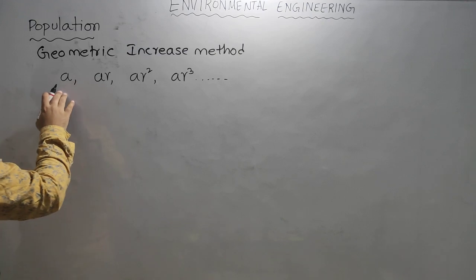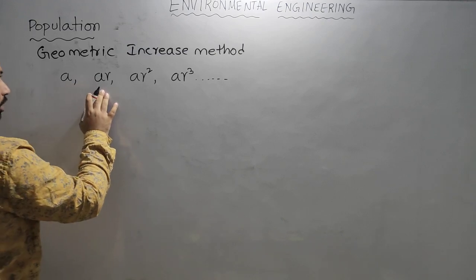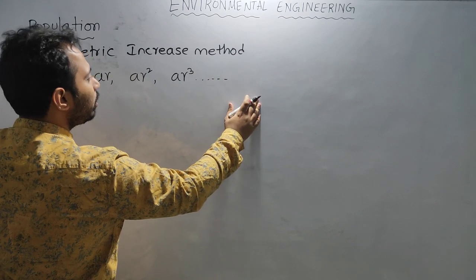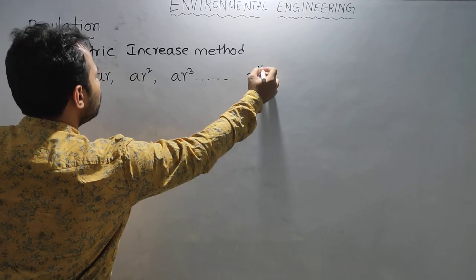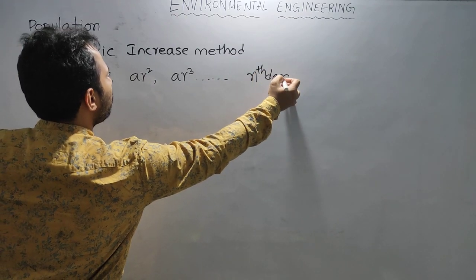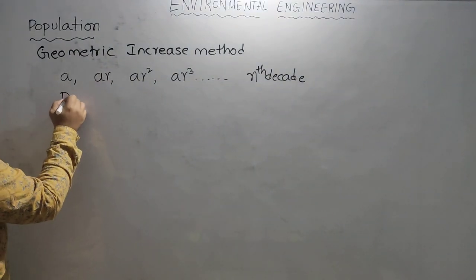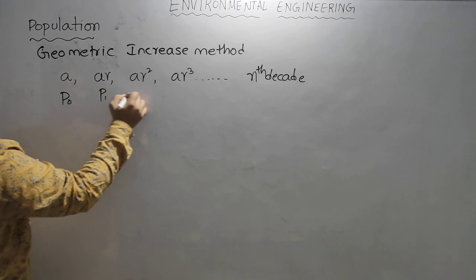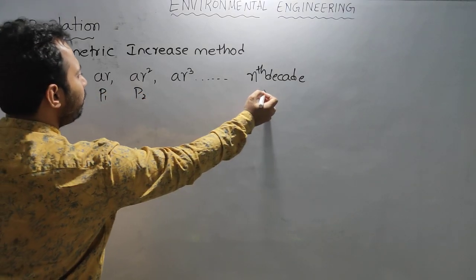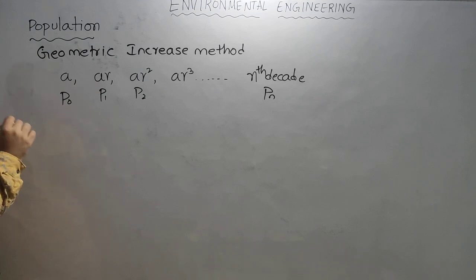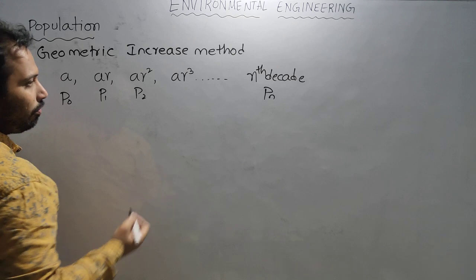Now for this pattern, this is the first year population, first decade, second decade, third decade, and you want the future population of the nth decade. If it is P naught, P1, P2 and so on, it will be Pn. So the nth term of this geometric progression, or geometric increase method, will be our future population.